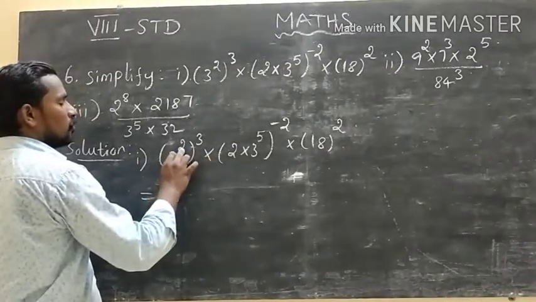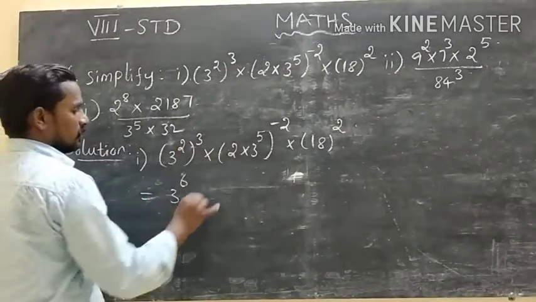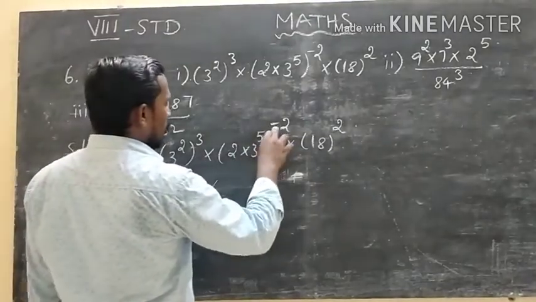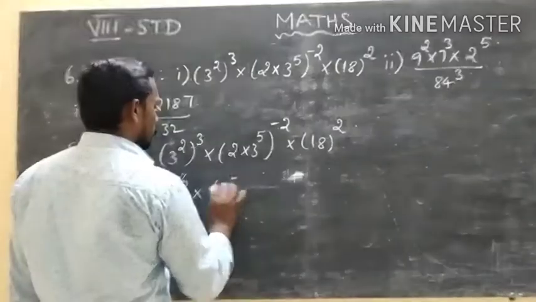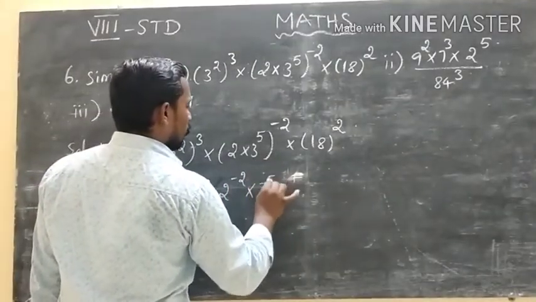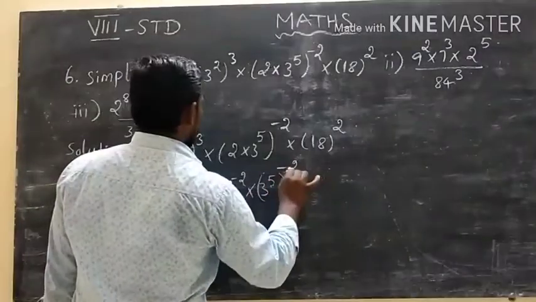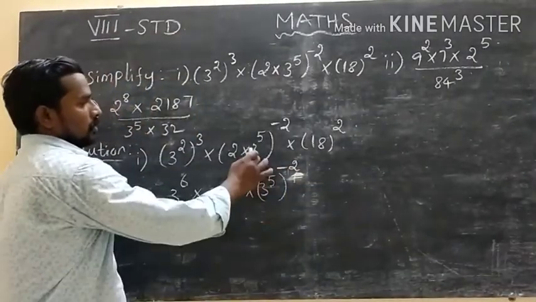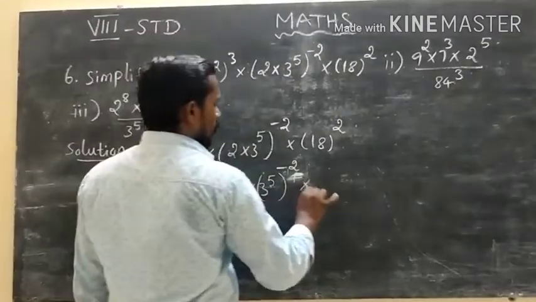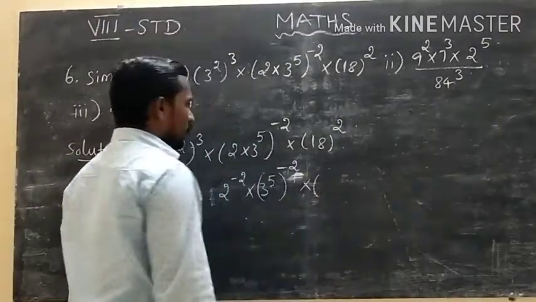So (3 power 2) whole power 3 means 3 power 6, into, this is common for both the numbers, (2 power minus 2 into 3 power 5) the whole power minus 2. This minus 2 is common for these two numbers. Into, this is multiplying.